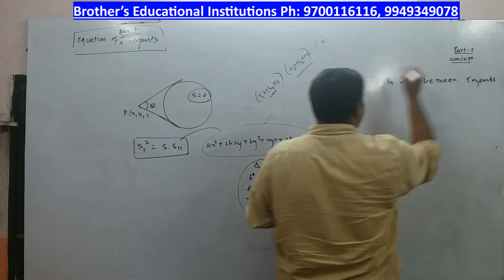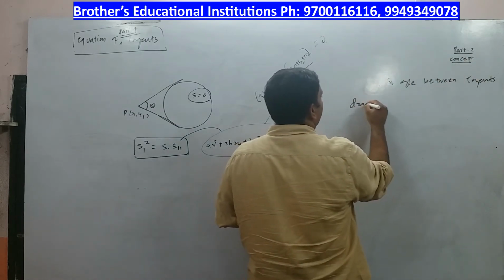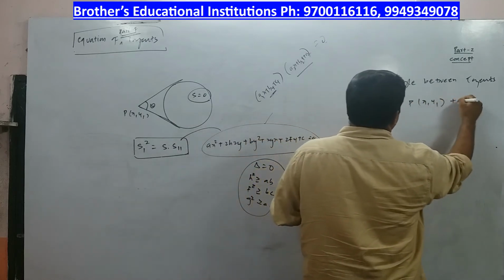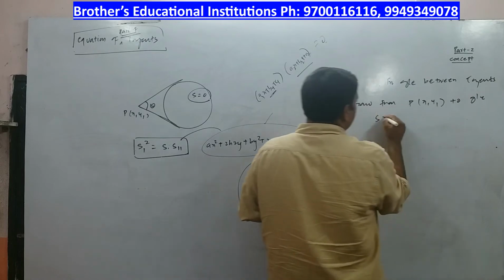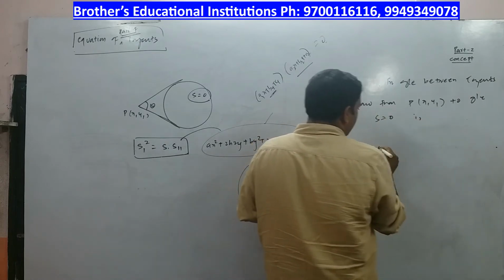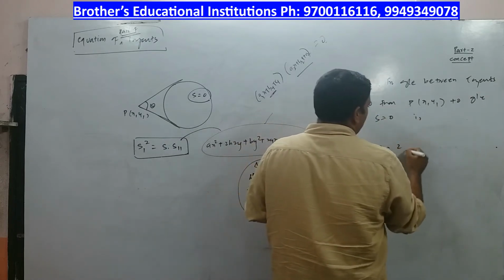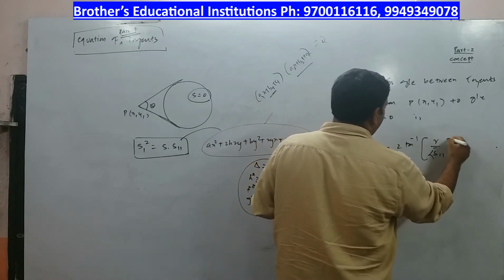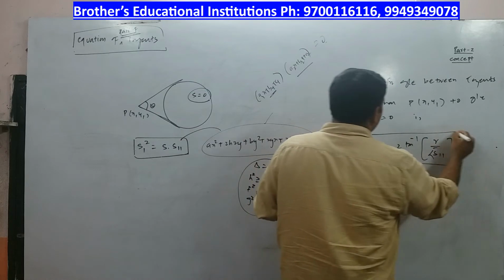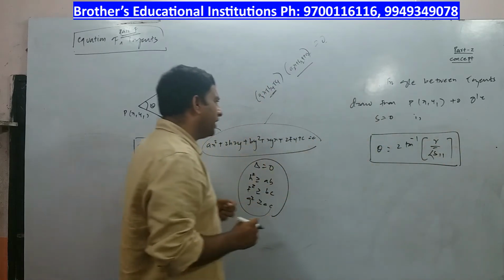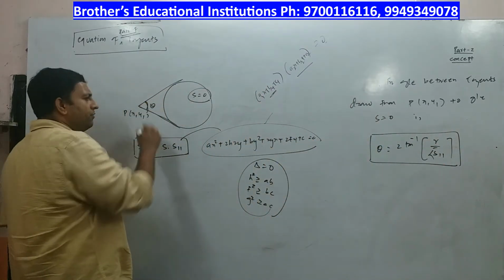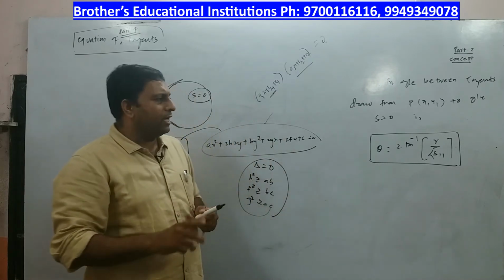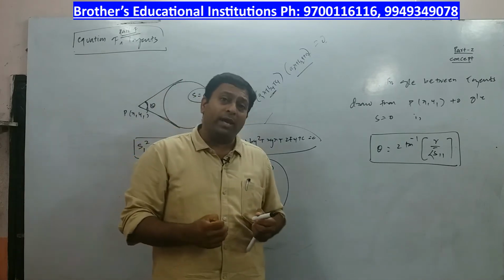The angle between tangents drawn from P(x1, y1) to the circle S = 0 is theta = 2 tan inverse (r by root S11). If theta is the angle between the pair of tangents, then how do you determine the value of theta? Theta is equal to 2 tan inverse r by root S11.